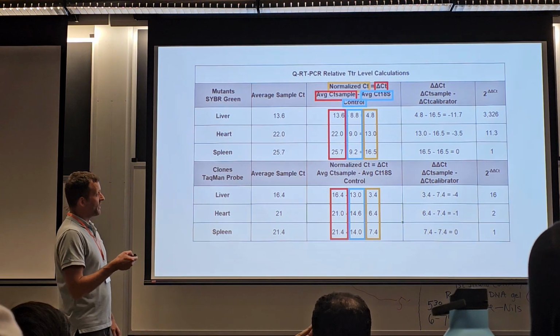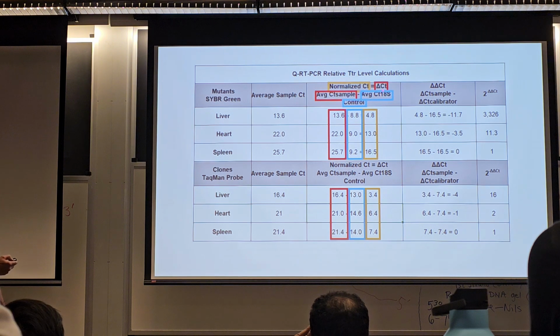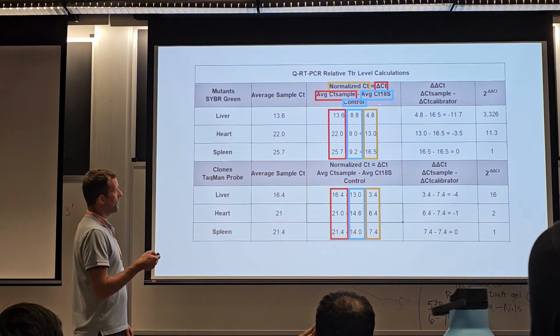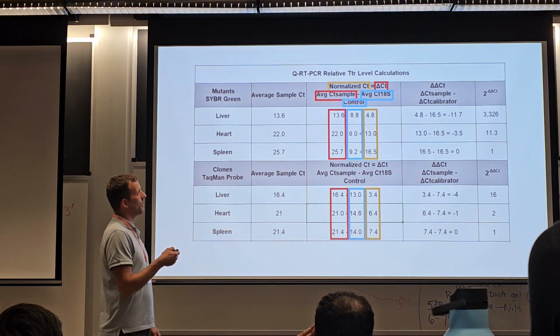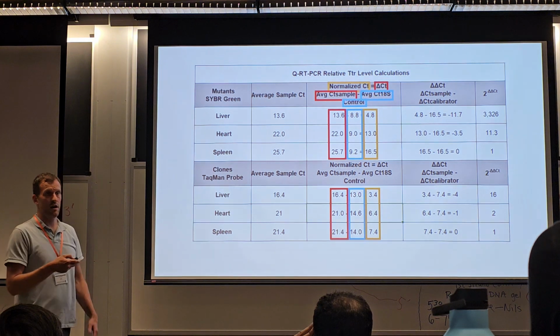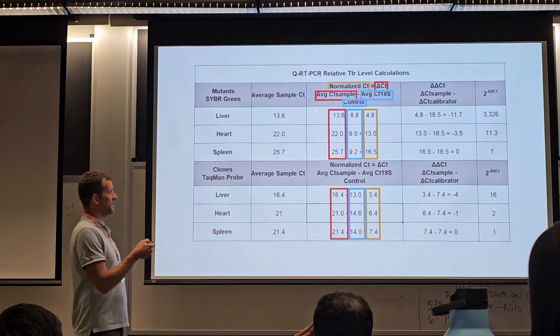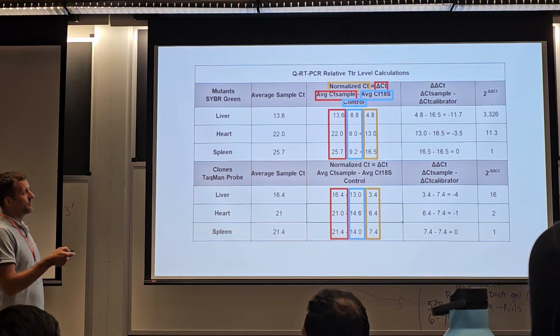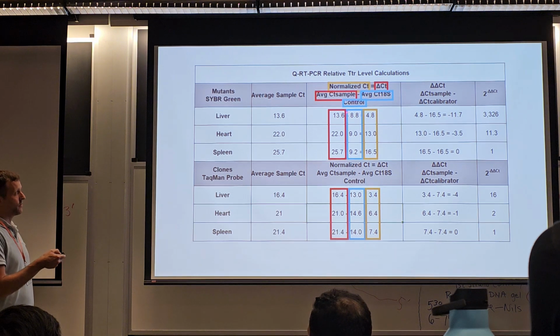What I have here is I tried to color code for you. I don't know how helpful it is, but what we're going to call the normalized CT is the difference between our sample CT, our experimental TTR CT, and our 18S housekeeping gene calibrator CT.